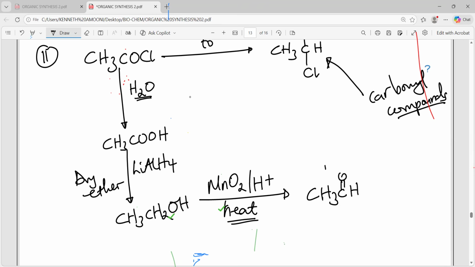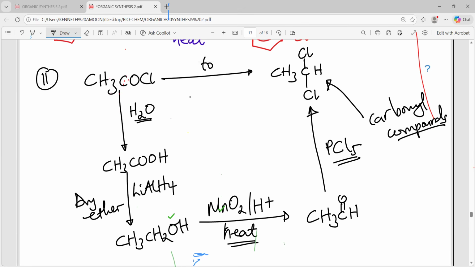Then from here, the last step is that we shall add PCl5. And after adding PCl5, you would have formed the geminal dihalide. So that is the synthetic route.